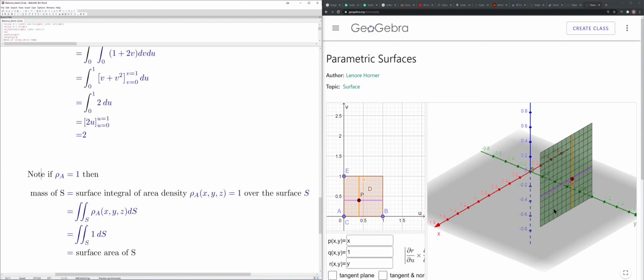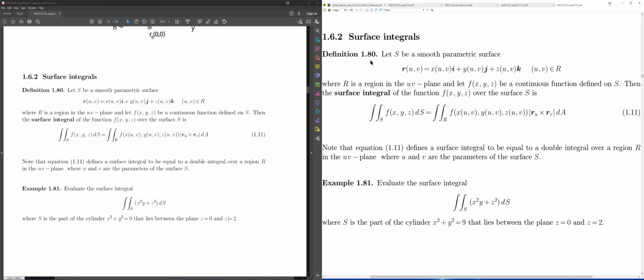All you're doing is working out the surface area of your parametric surface S. This is something that we're going to use, and something that you should know: if you're integrating 1 over your surface S, then you're calculating the surface area of S. So this definition 1.80 will tell us how to calculate your surface integral.